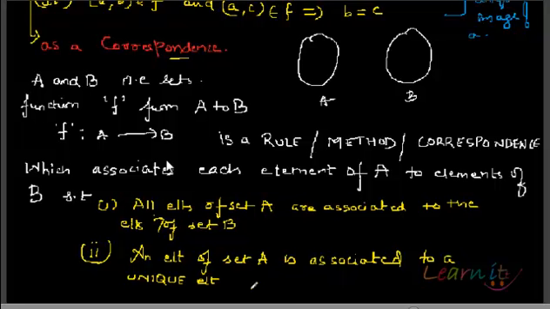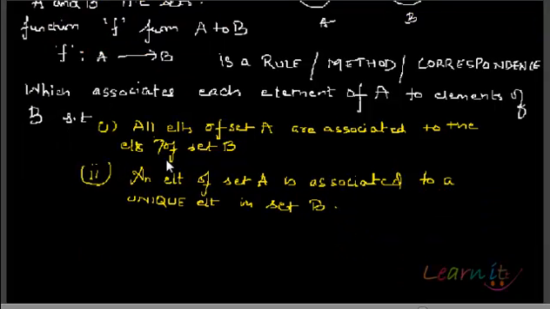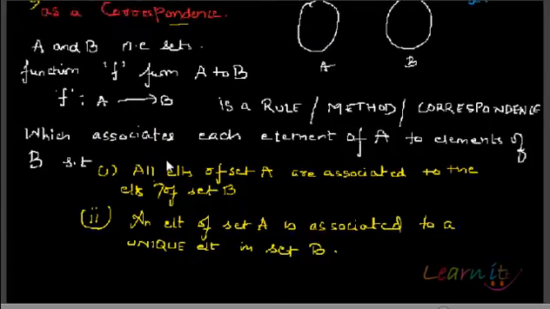Every element of A has to have a unique image, and that's what it means: any element of A should be associated with a unique element in the set B. So that's very important, the uniqueness of this association, which is the same as the previous one, where the image has to be unique.